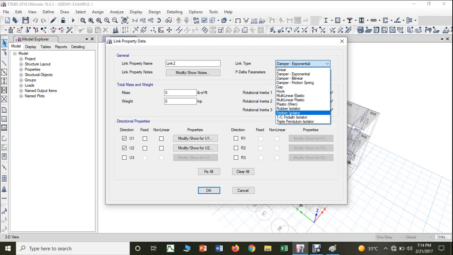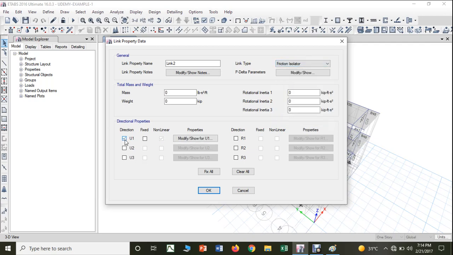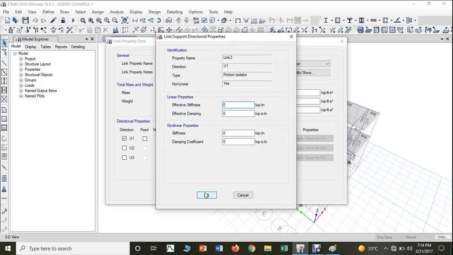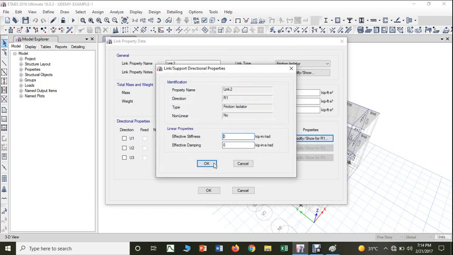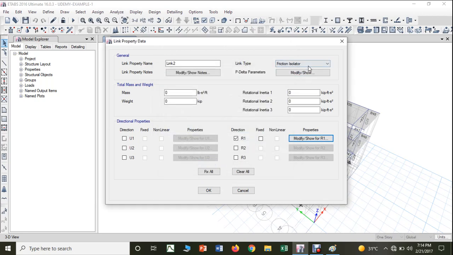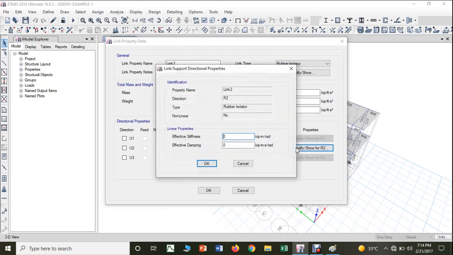If I choose isolators, there again you have different properties. You can choose stiffness or damping, that is effective stiffness or damping. Friction isolator, rubber isolator, so many options are there.